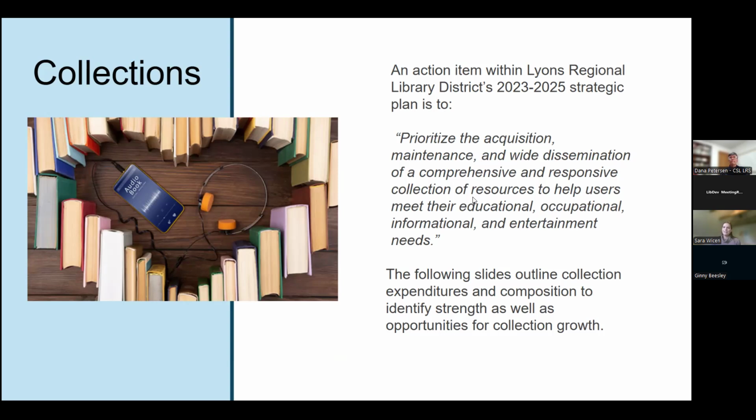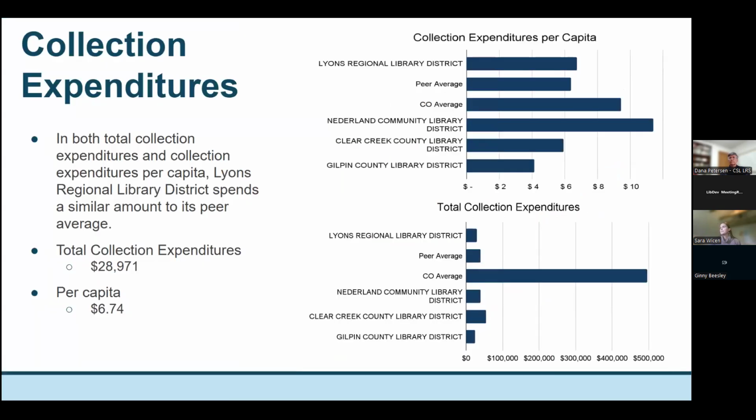Obviously, if you're library staff, you probably have more insights than I do into Lyons Regional Library District, but I did take a quick look at their 2023 to 2025 strategic plan to give an example of how you might want to connect the data in this chart and give context to the strategic plan when presenting to the board. And Sarah, if I may, this is another place that's great to put your library story in, so the individual patron story or event story that you can then highlight through the data use.